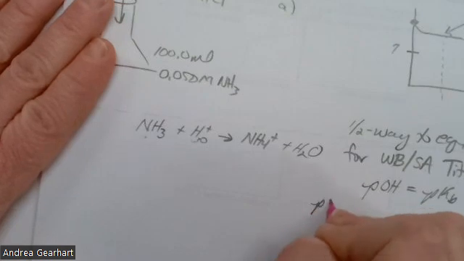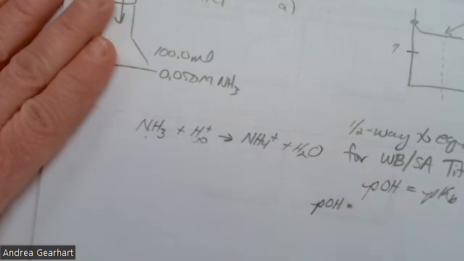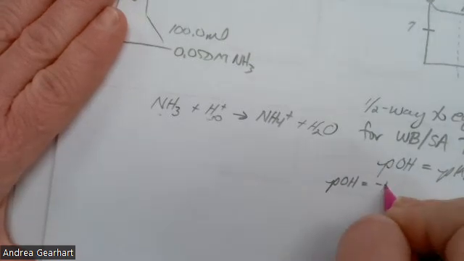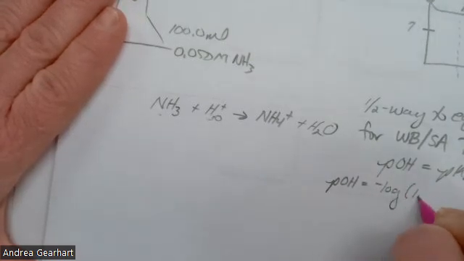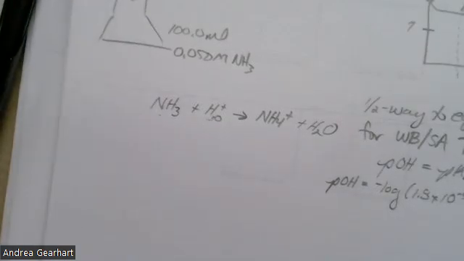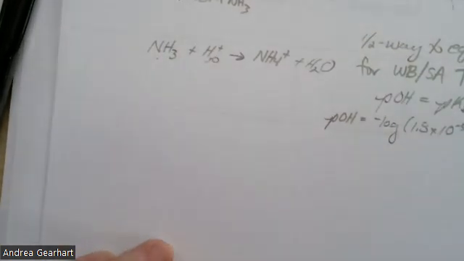Alan, please remind us, master of math, what does that lowercase p mean? Negative log. You got it. So take the negative log of 1.8 times 10 to the minus 5th. That is our pOH, 4.74. Remember, with logarithms, we increase sig figs by 1.